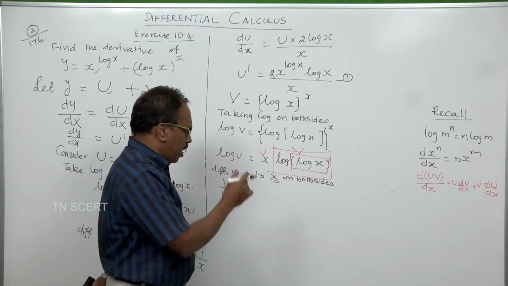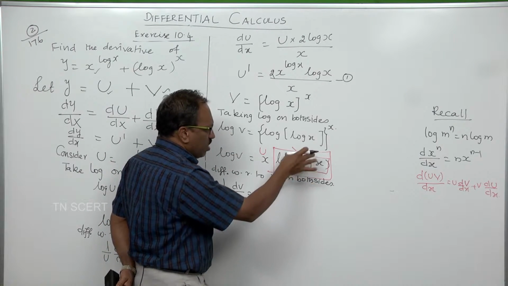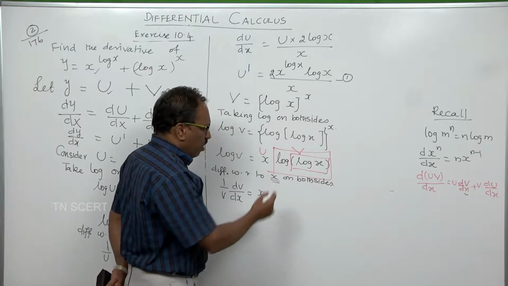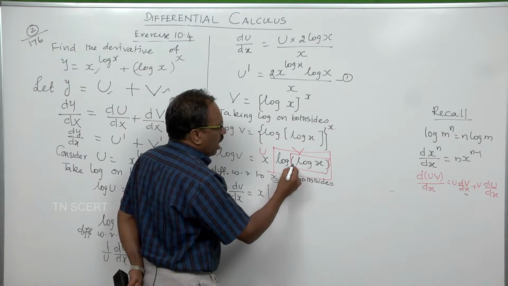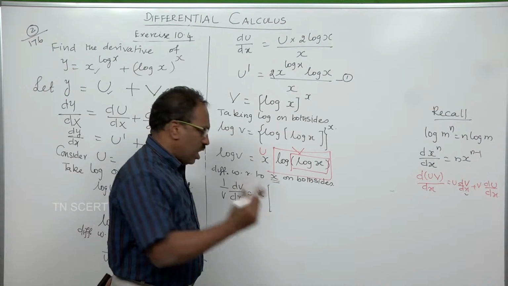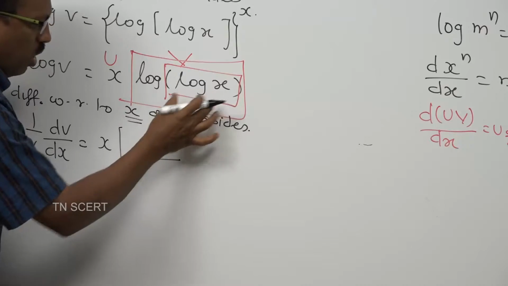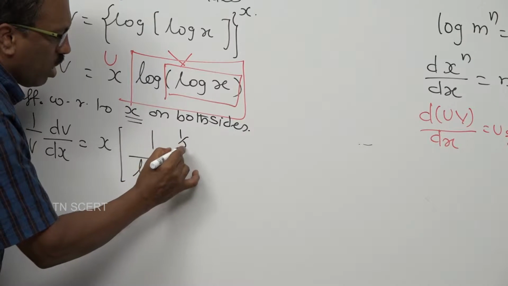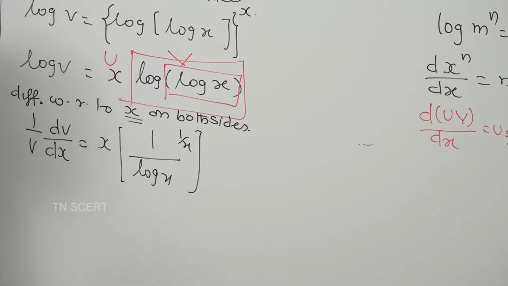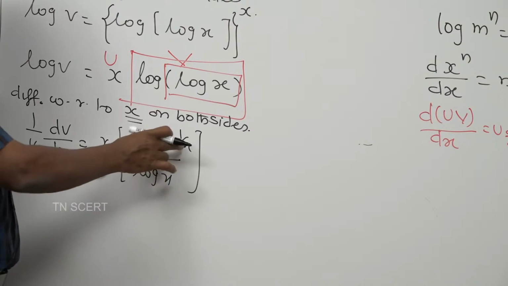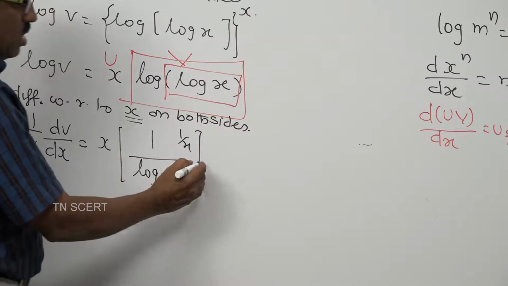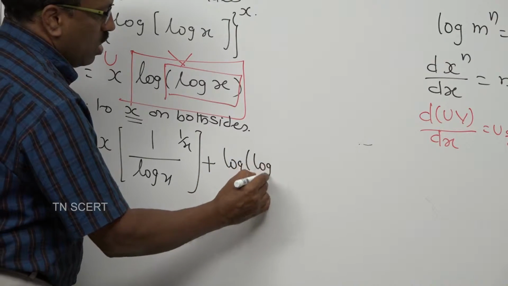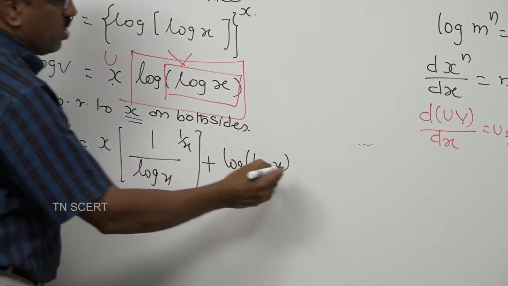Here keeping x and differentiating log of log x: 1 by log x, and once again log x becomes 1 by x. Function of function, so we differentiated twice, plus log of log x, then x differentiation is 1.